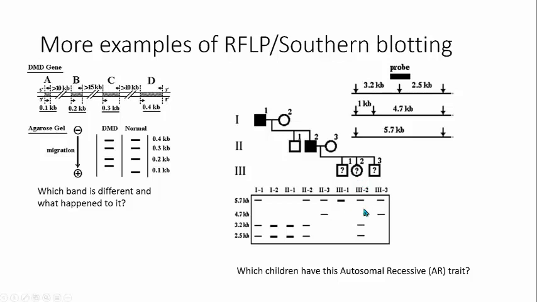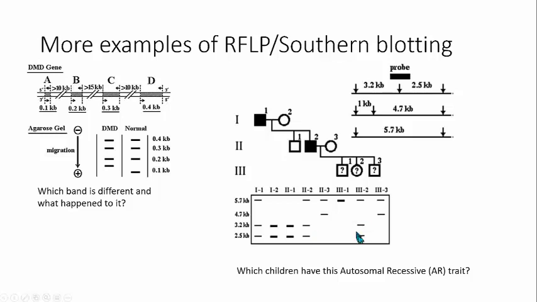Likewise, this child right here got a 5.7, but we need to figure out where it came from. It must have come from the mother, because the mother has a 5.7 and a 4.7, but she does not have the 3.2, 2.5 alleles. So that means that the 3.2, 2.5 allele, which is this top allele, must have come from the father. And he does have that allele as well.